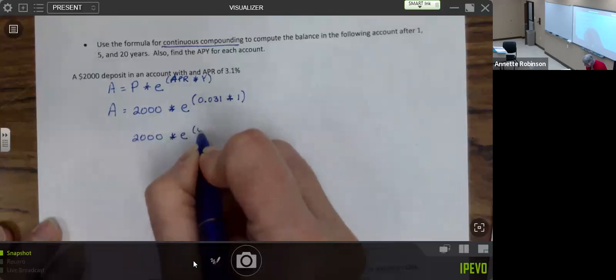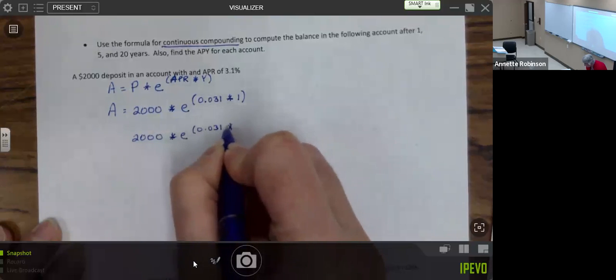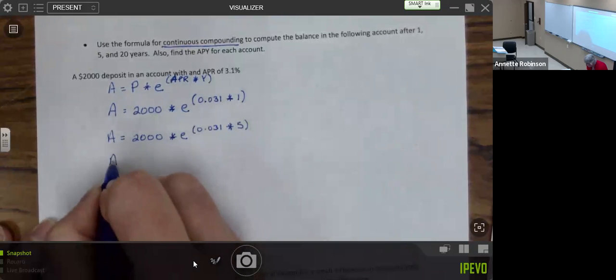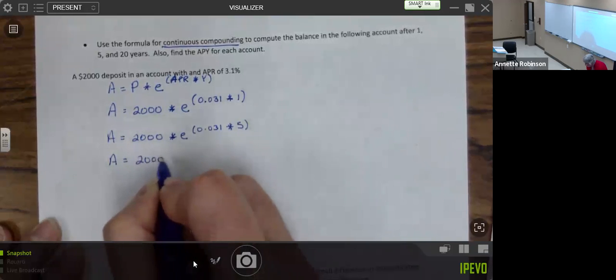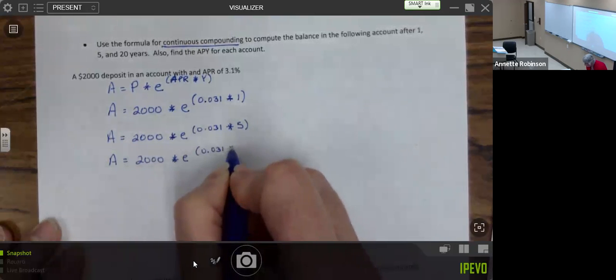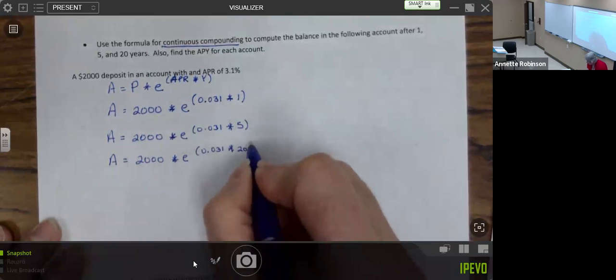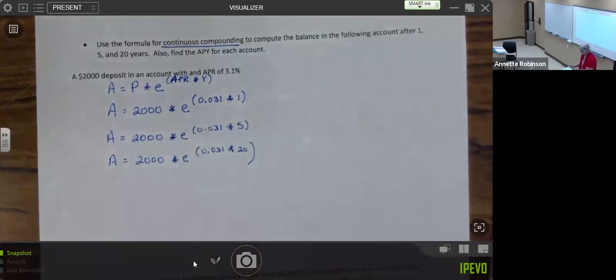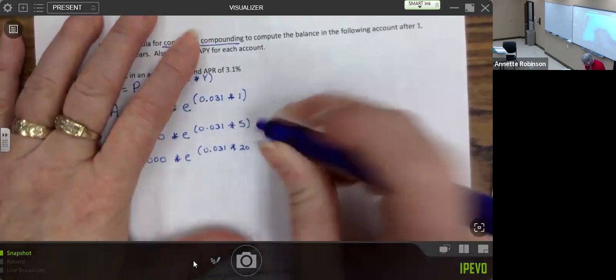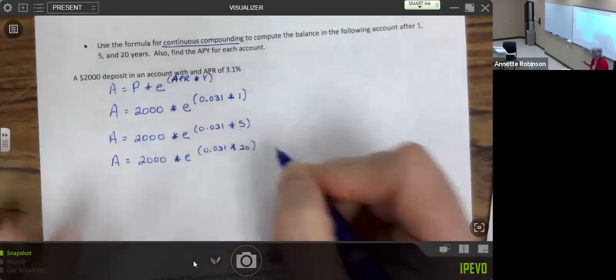This time, the only difference, instead of 1 year, let's do it for 5 years. For our third one, and I'm going to use the cut paste system to do all three of these, with as little keystrokes as necessary.